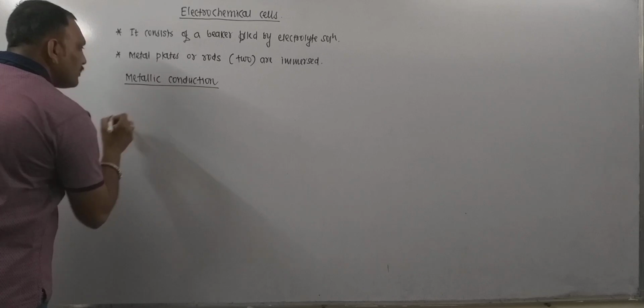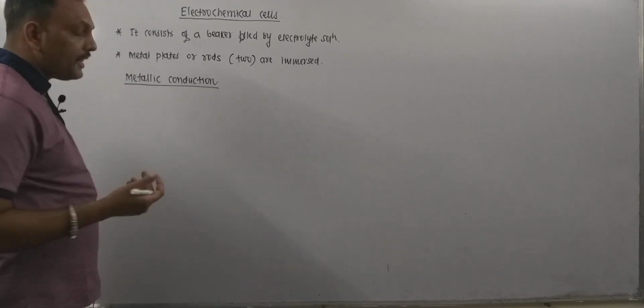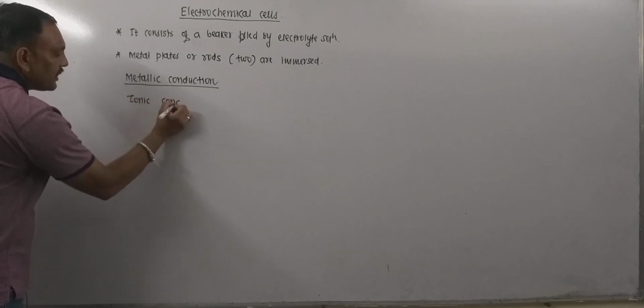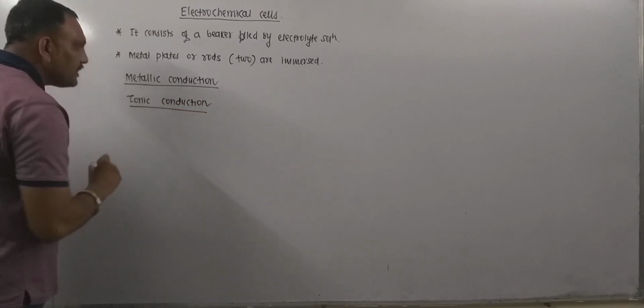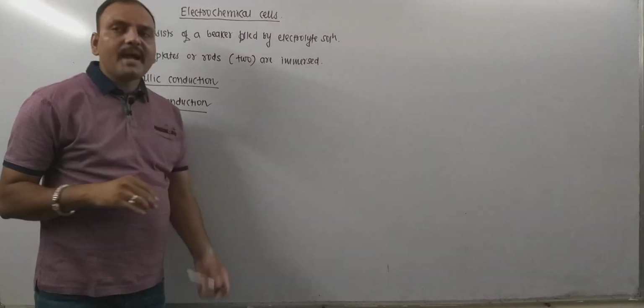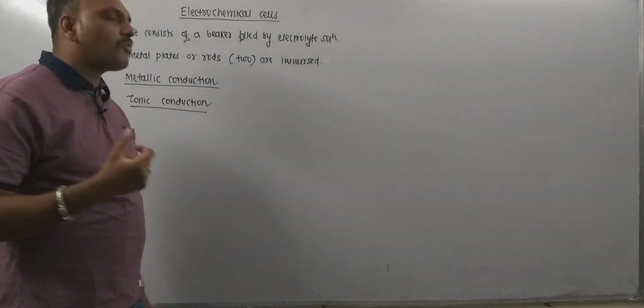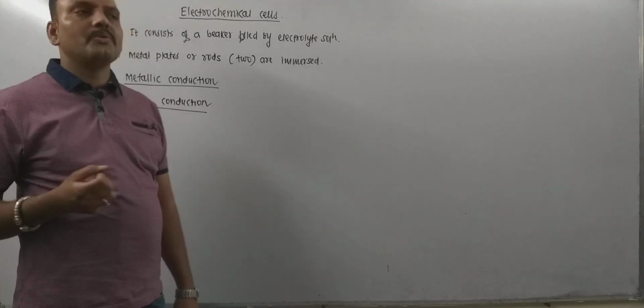Another thing, electrolytic conduction, that is called ionic conduction also. Ionic conduction, as the name indicates, is associated with the movement of ions. So, what happens in an electrolyte? We know very well electrolytes undergo dissociation producing ions.